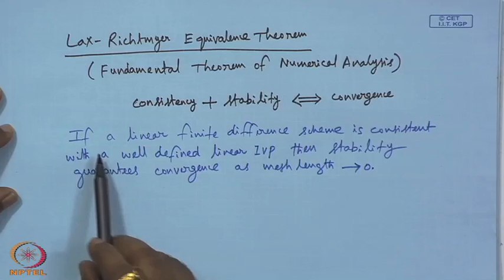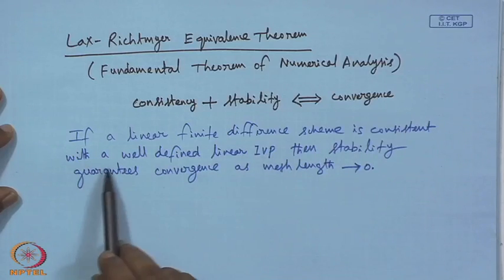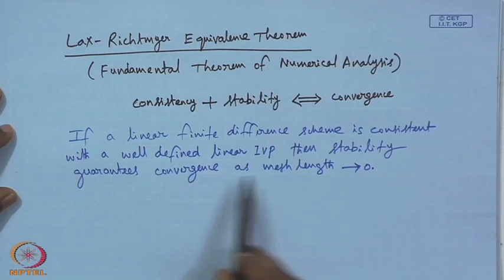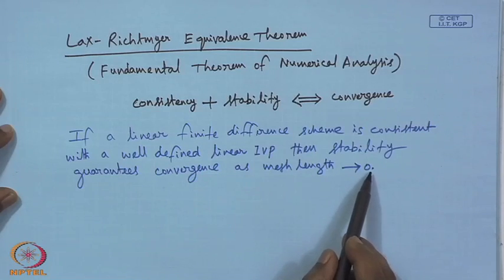Okay. So, this says if a linear finite difference scheme is consistent with a well defined linear IVP, then stability guarantees convergence as mesh length goes to 0.